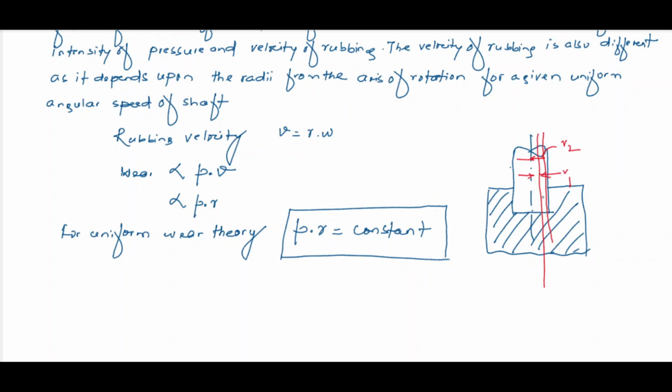So it is varying because the distance from the axis of rotation is increasing. But at every instant, this P dot R should be constant. So if R is going on increasing, we have to reduce the intensity of pressure in order to keep PR as a constant value.